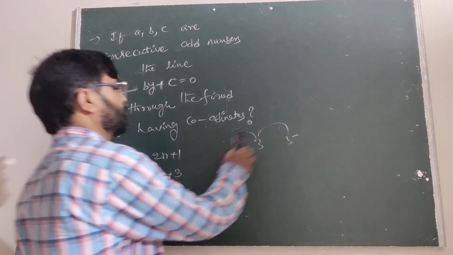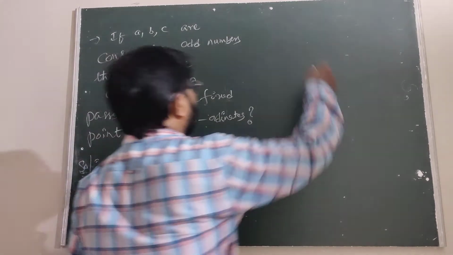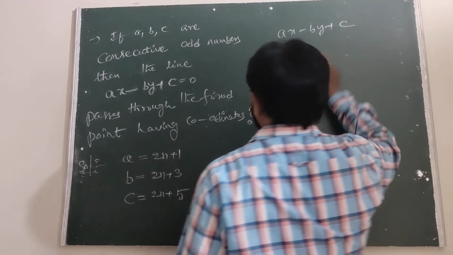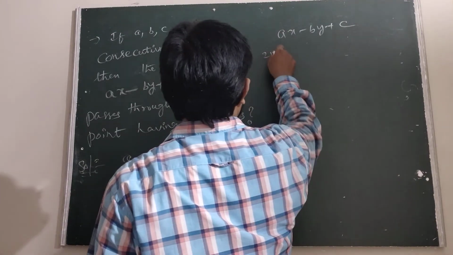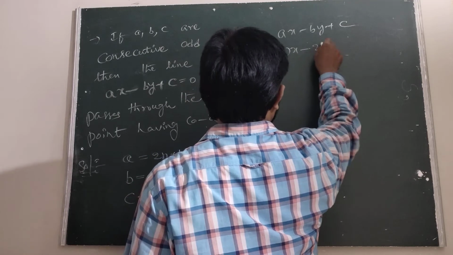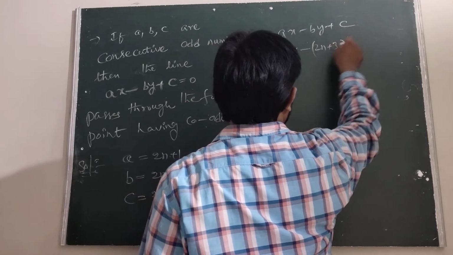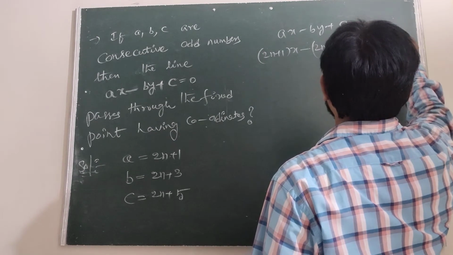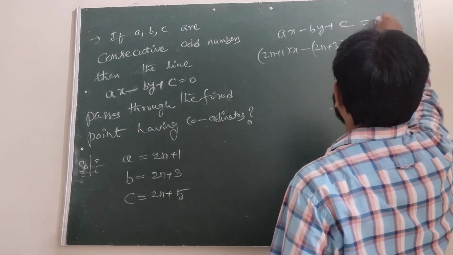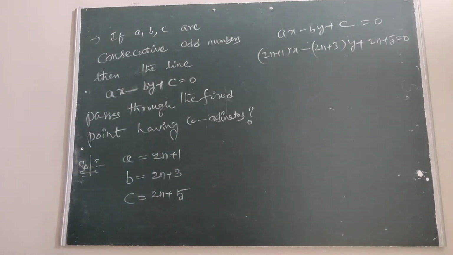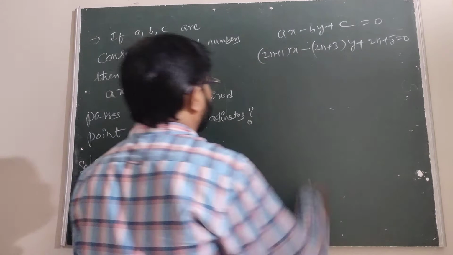These are substituted in the line ax minus by plus c. A is 2n plus 1 into x, minus of 2n plus 3 into y, plus c which is 2n plus 5, equal to 0. Okay, this is ax minus by plus c. Now we take the common 2n.